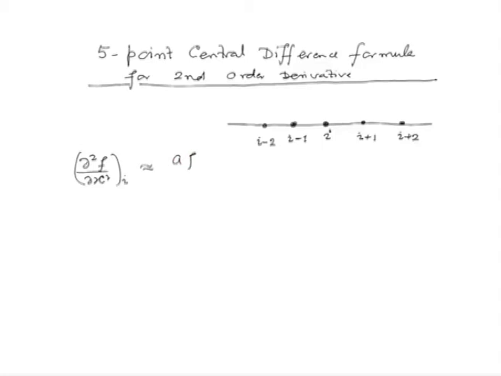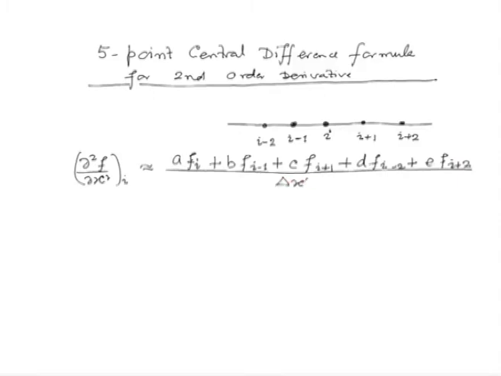a f_i plus b times f_{i-1} plus c times f_{i+1} plus d times f_{i-2} plus e times f_{i+2}, divided by Δx².